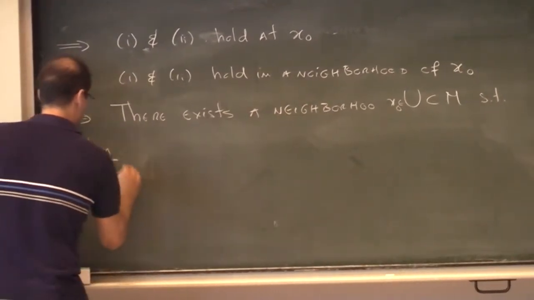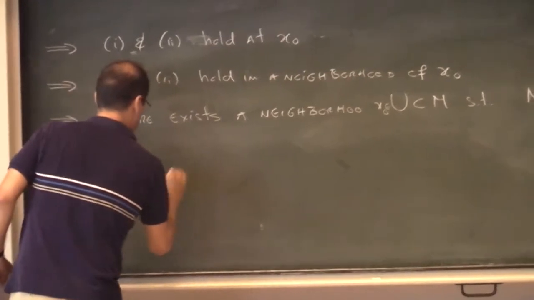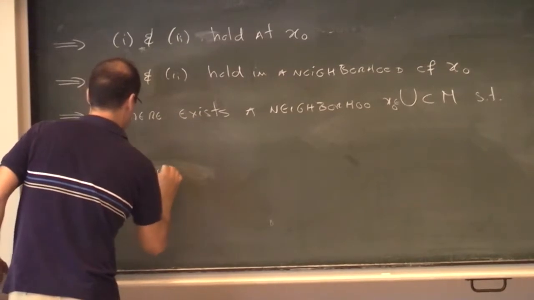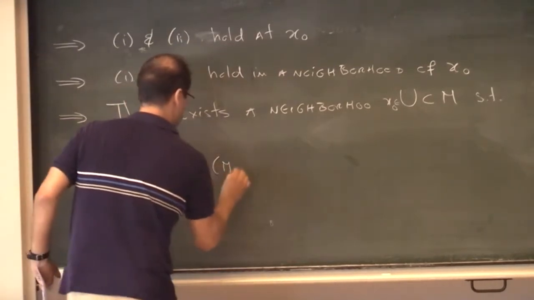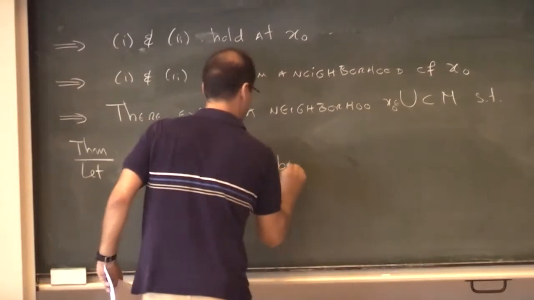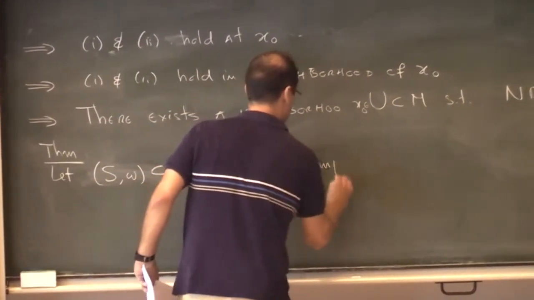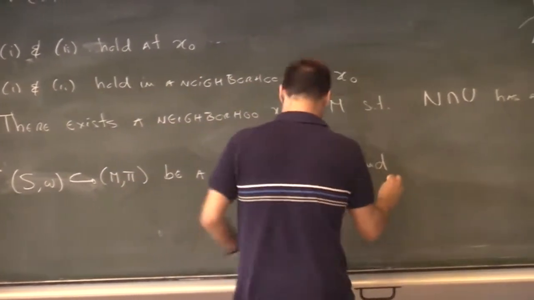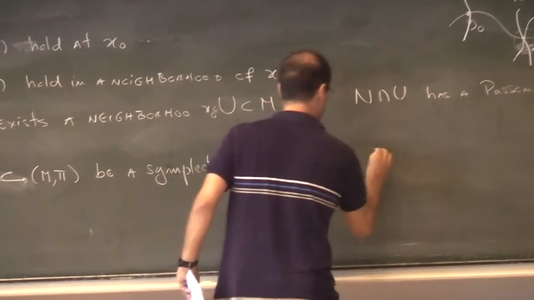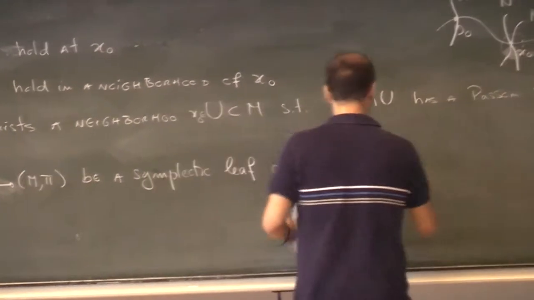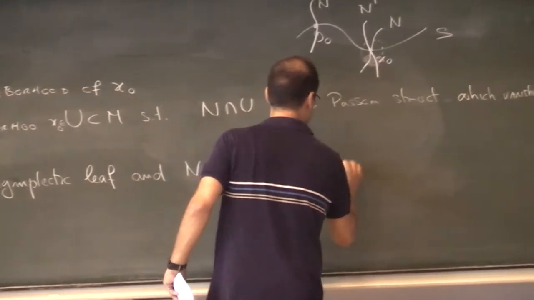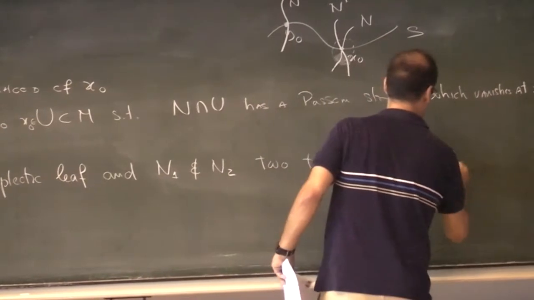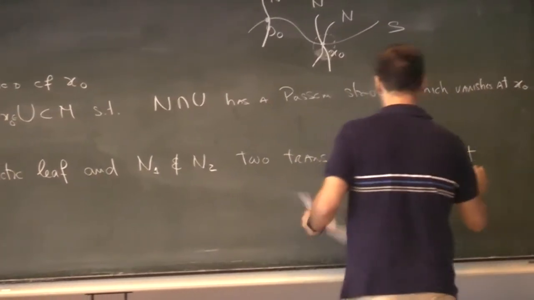So let's write this. Fix a symplectic leaf, and N1 and N2, two transversals at points, say, x1 and x2.